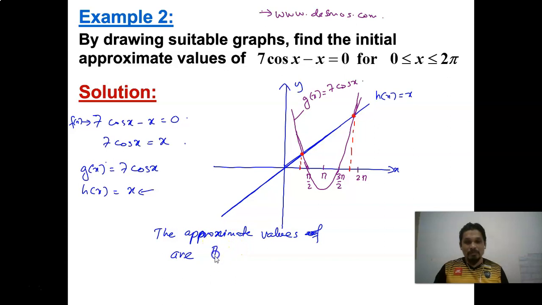For me it's pi over 4, and between 3 pi over 2 and 2 pi, here is 7 pi over 4. As I said, that is just an approximate value. Find in the dictionary the meaning of approximate. Approximate values means any values that are really close to the roots of the function.